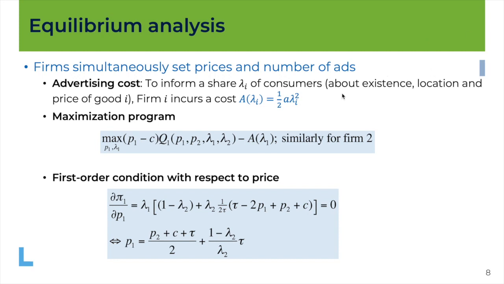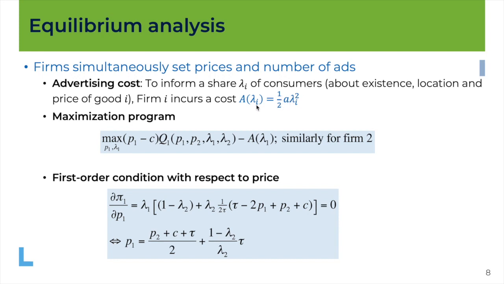Okay, now there is one piece of the model that we need to introduce here, which is the cost of advertising. This is given by this function A of lambda i. And we take a particular form here, which is 1/2 of little a times lambda i squared. So what is important to see here is this squared term.